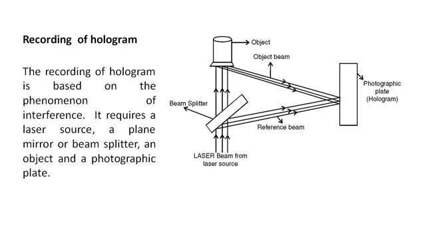This is the diagram of recording of hologram. The recording of hologram is based on the process of interference. It requires a laser source, a plane mirror or beam splitter, an object, and a photographic plate.